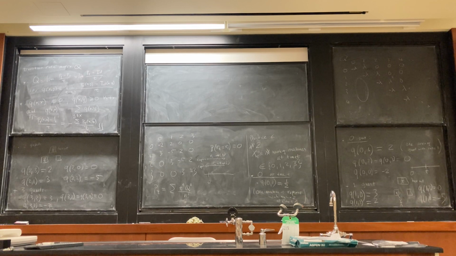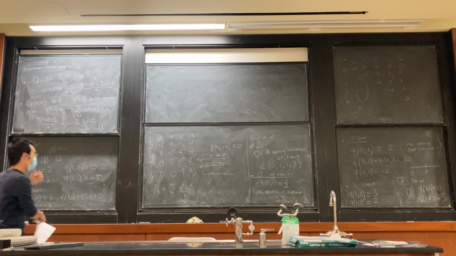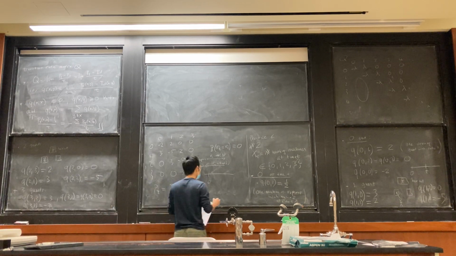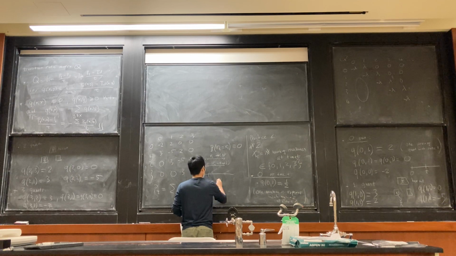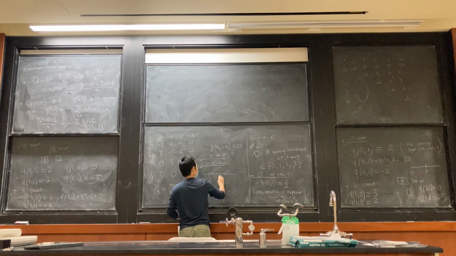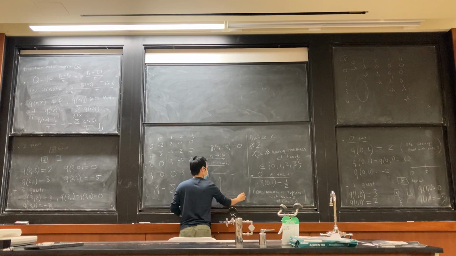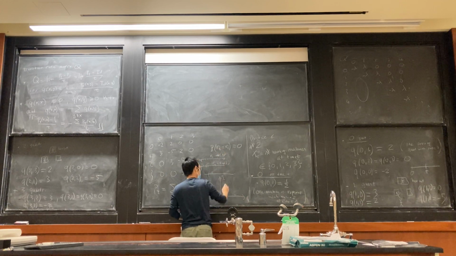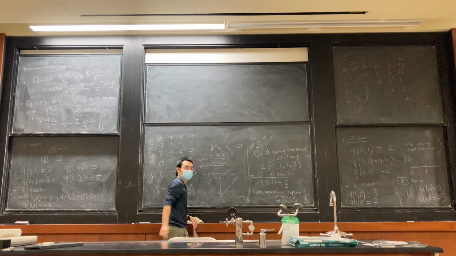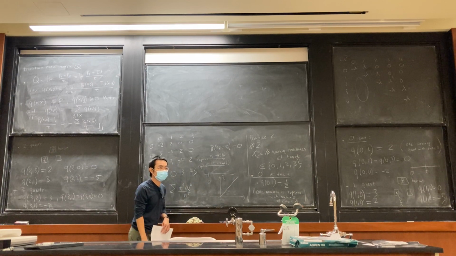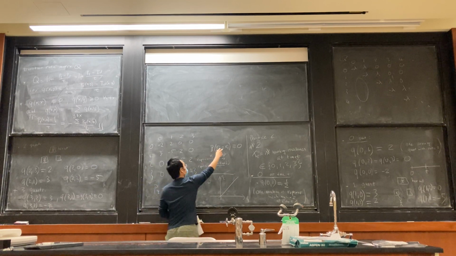However, this is continuous. Why is that? Well, how do you integrate this? You have R1 and R2, right? So the domain here is just a line on the plane. Suppose you want to integrate this.